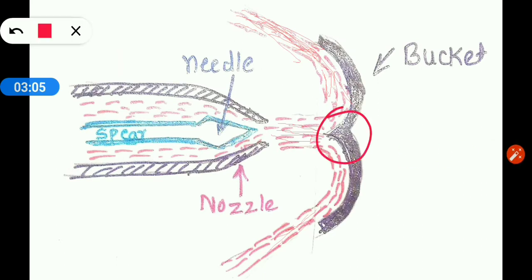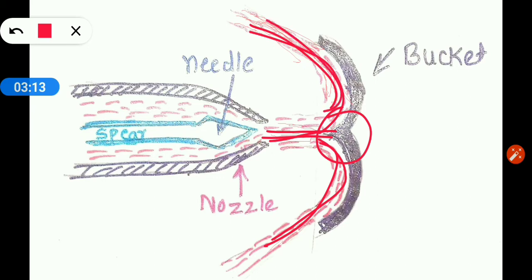This is known as the splitter. What the splitter does is it divides the jet equally into two parts. The splitter divides the jet into two parts, and then these are the two cups which allow the water to glide over it, and then the water comes out tangentially.